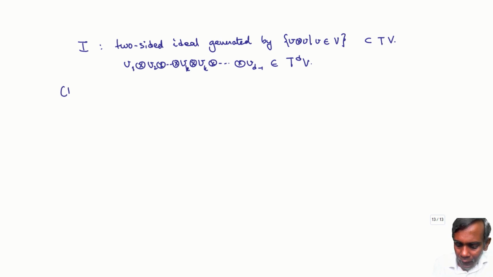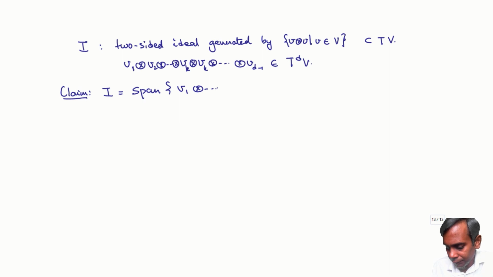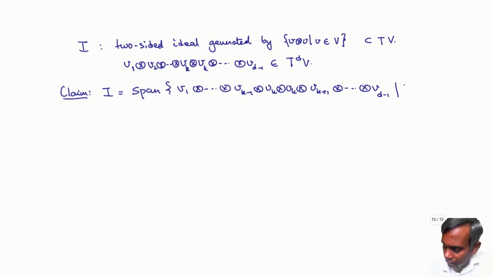I claim that the ideal I is actually the span of V1 tensor ... Vk minus 1 tensor Vk tensor Vk ... tensor Vd minus 1, where V1, ..., Vd minus 1 belong to V, as d runs over, let's just say, d greater than or equal to 1.